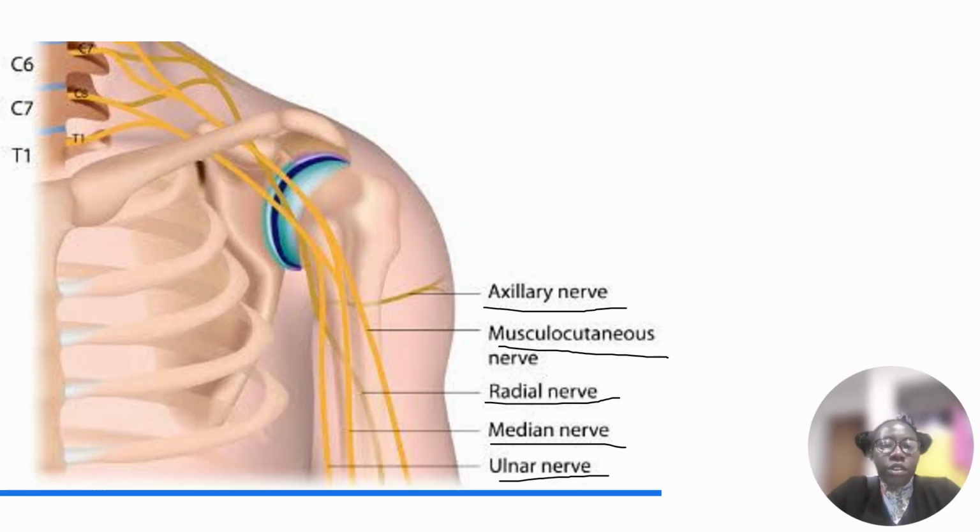The axillary nerve runs from outside to the inside of our armpit. The radial nerve goes in the direction of our thumb. The ulnar nerve is in the direction of our pinky, and the median nerve runs in between the radial and the ulnar nerve.